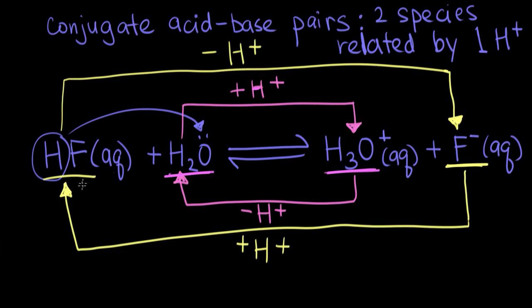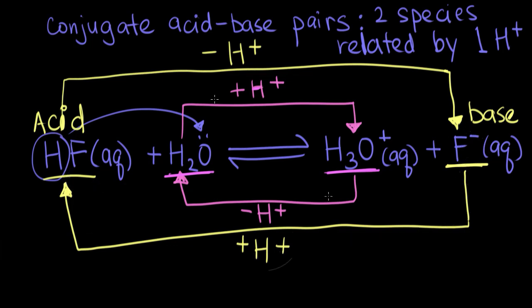In this case, our hydrofluoric acid is acting as the acid in the conjugate acid-base pair. That means that fluoride has to be acting as the base. That makes sense because the Brønsted-Lowry definition of a base is something that will accept an H plus, and that's exactly what it does in the reverse reaction. Your F minus will pick up an H plus and go back to your acid.